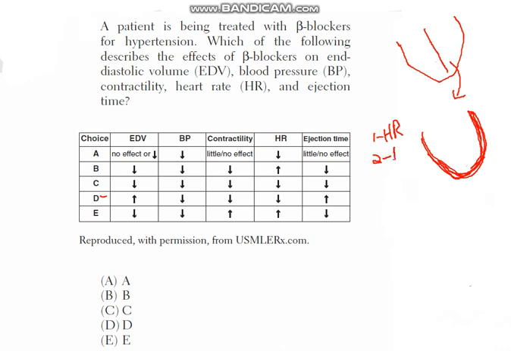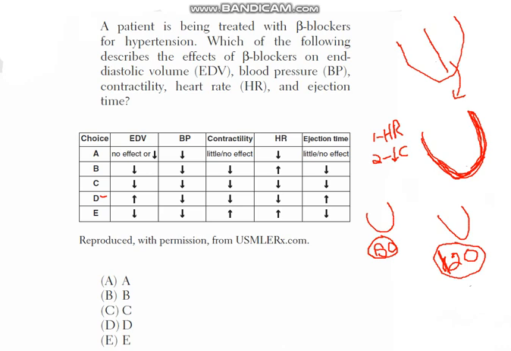They decrease the contractility. So when the contractility or the heart rate decreases, for example, this heart is beating 80 beats per minute, and this heart is beating with, for example, 120 beats per minute. So this heart is beating slower than this heart.